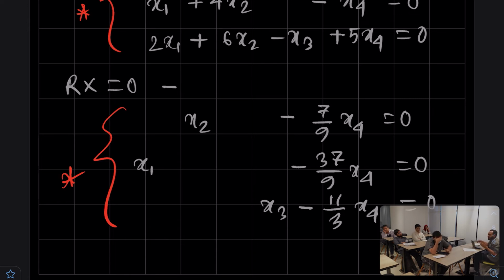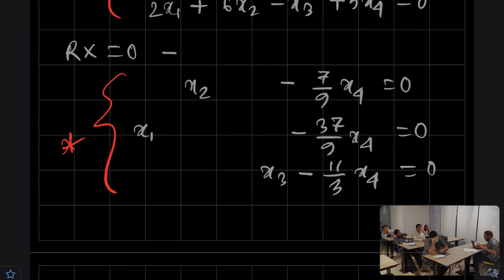We'll come to this: x4 is called a free variable, and x1, x2 and x3 are called the leading variables. We'll come to that.